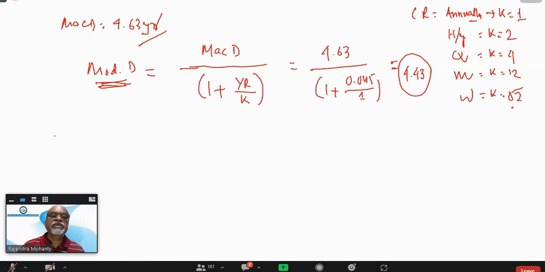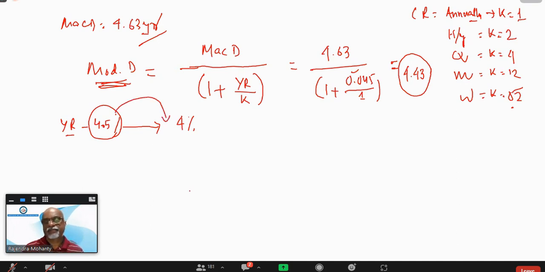In the question, the yield rate was 4.5%, that's why I've taken it. Now, suppose the question says that the yield rate changes to 4%. Earlier the yield rate was 4.5, now it has come down to 4%.